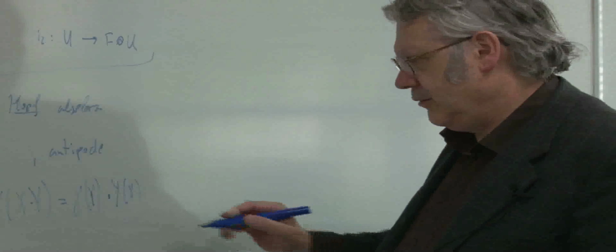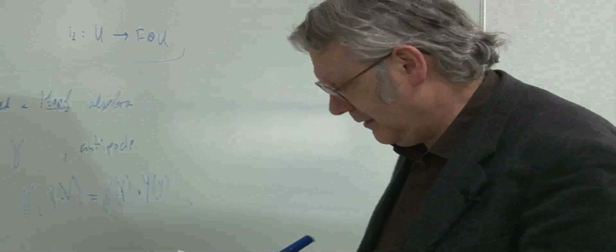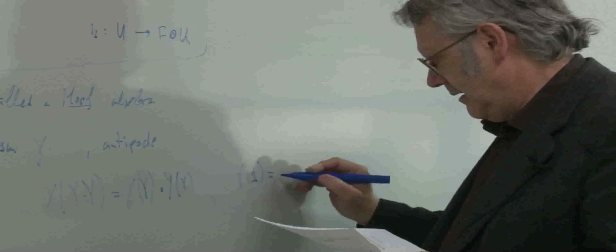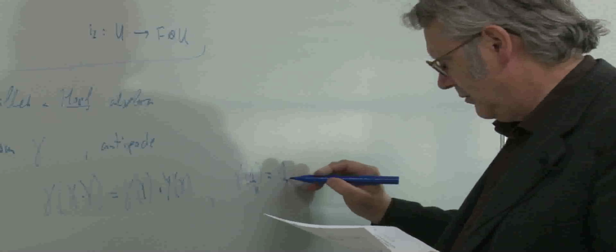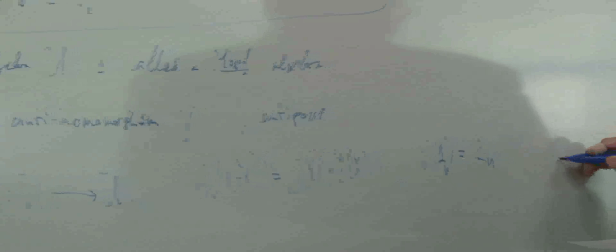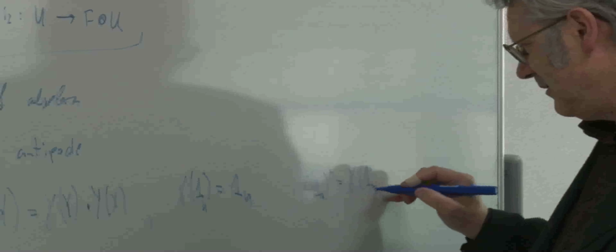And you have a condition, as usual, related to the unit element, which is that gamma of 1 is equal to 1. Of course, this actually follows from the fact of homomorphism, or strictly speaking it follows that gamma of 1 squared is equal to gamma of 1.